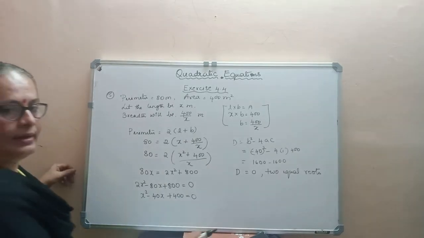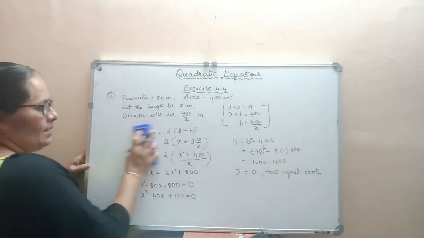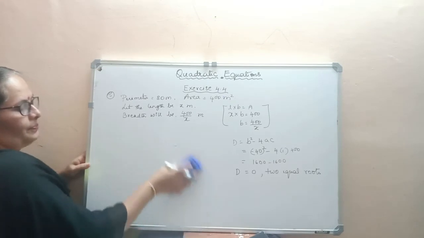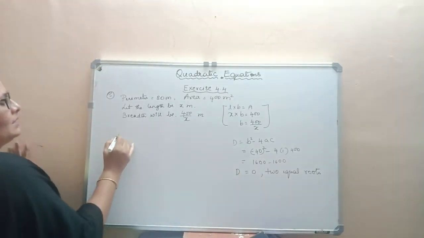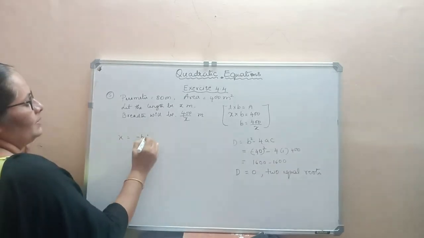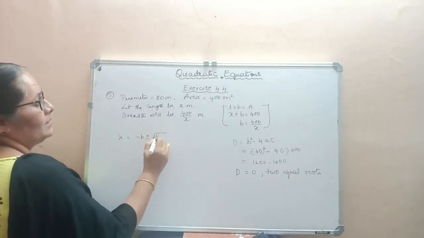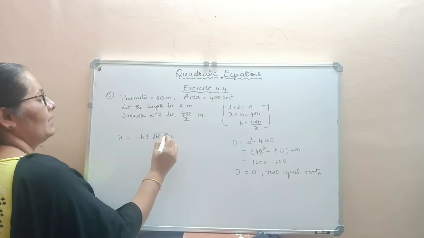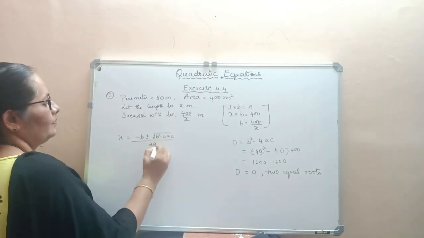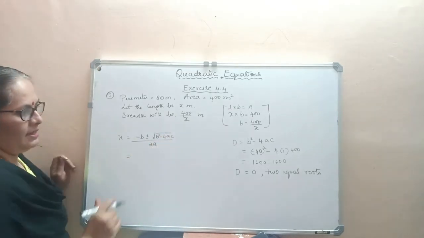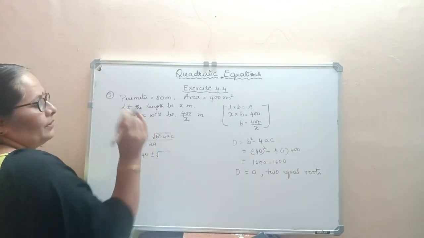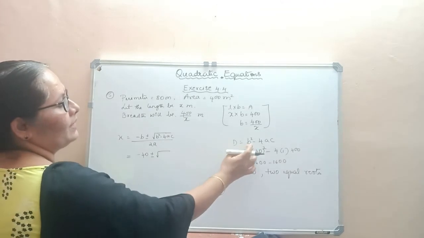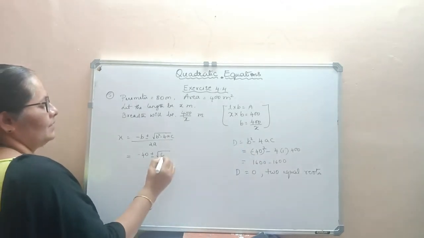Now we find the dimensions of this rectangular park. So x equals minus b plus or minus root of b square minus 4ac, by 2a. What is b here? Minus 40 plus or minus root of, and we already found that b square minus 4ac is 0.